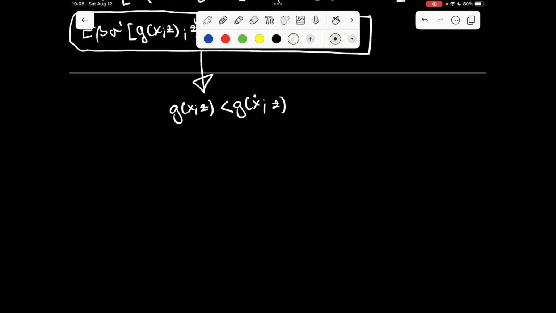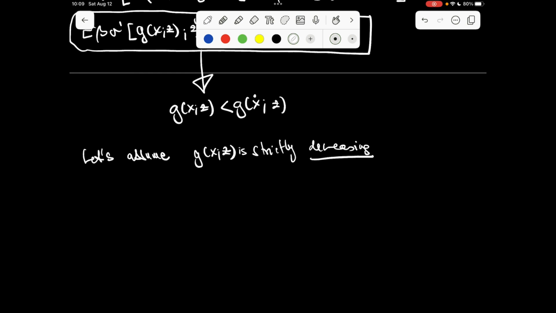In the same way, we can demonstrate that policy function g is increasing in z. Let's assume that policy function g is strictly decreasing in z.